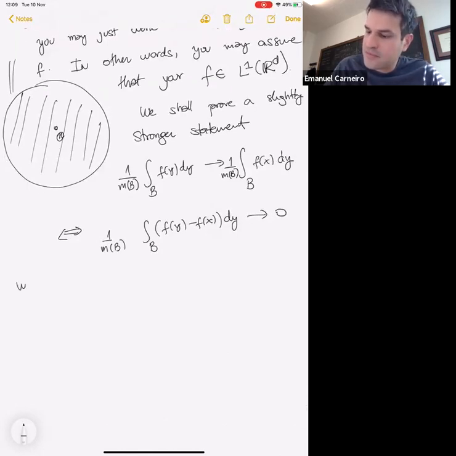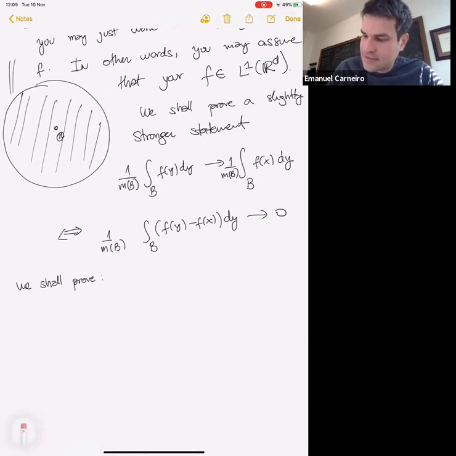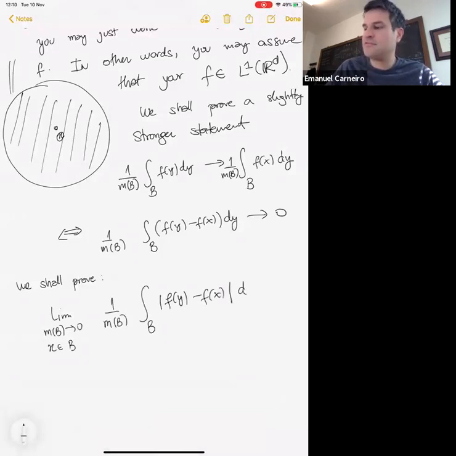So we shall prove actually that the limit, when the balls shrink to 0 with my point inside the ball, of 1 over the measure of the ball, integral over the ball of the absolute value of f of y minus f of x, dy, is 0.